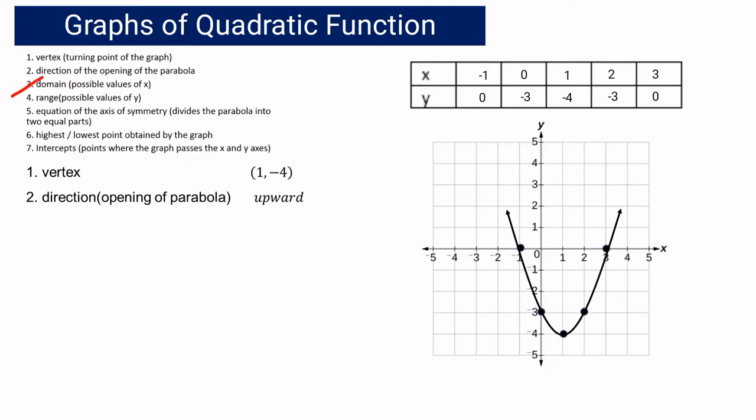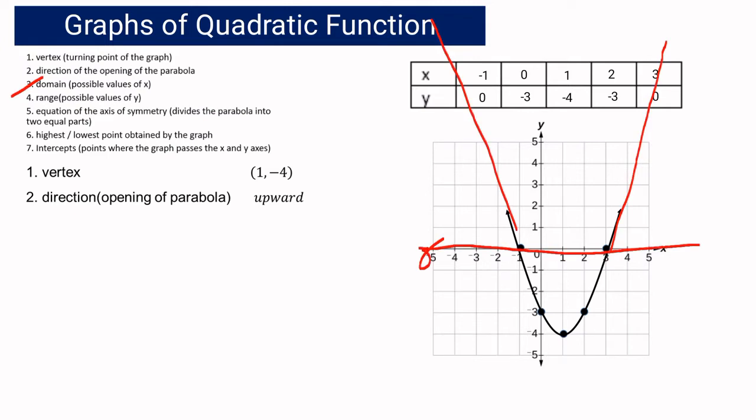Next will be the domain. When you say domain, these are the possible values of x, meaning to say we are referring to the values in the x-axis. Take note that our parabola extends in these two directions. So what are the possible values of x?